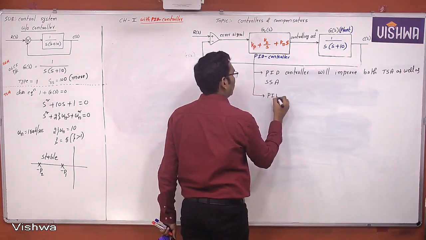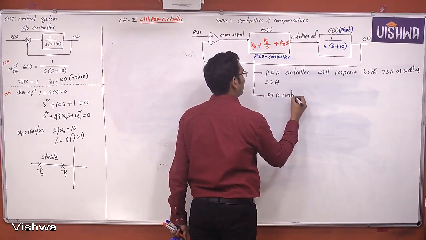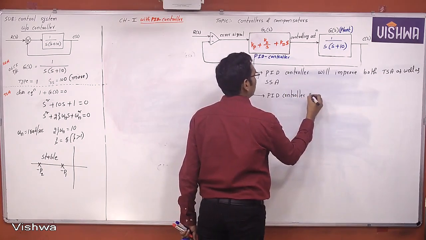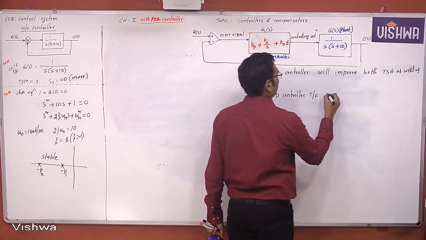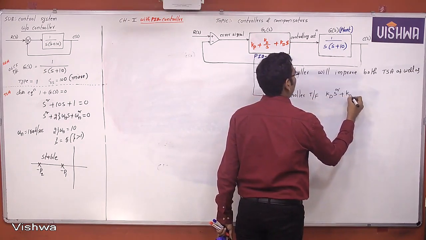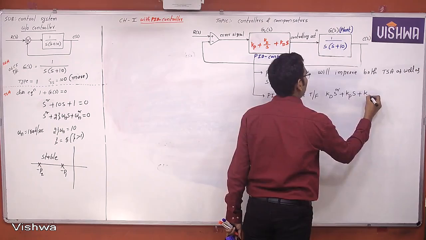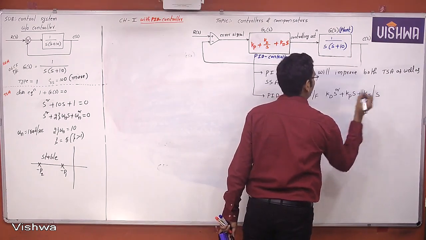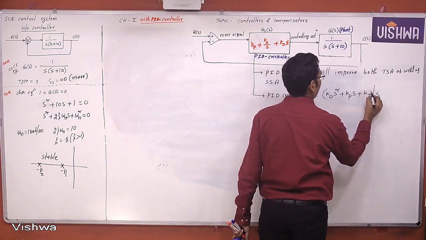Now, the PID controller transfer function is (Kd s² + Kp s + Ki) / s. What is the meaning of that?